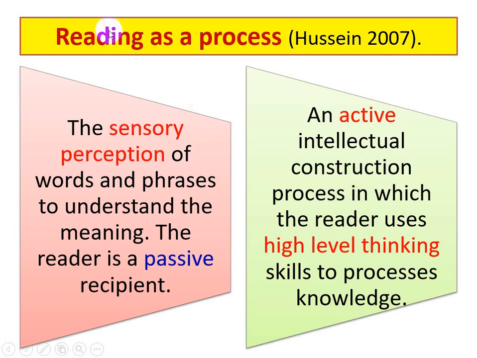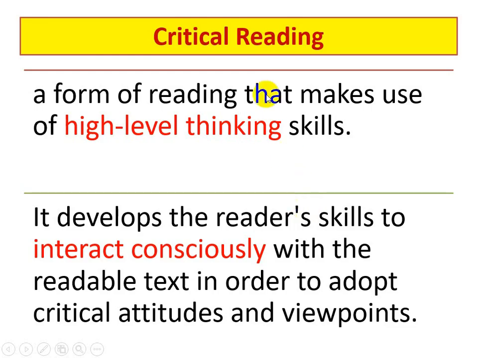So any reading process includes two parts: a passive part and an active part. Then critical reading is a form of reading that makes use of high-level thinking skills. So critical reading concentrates on the active part of the reading process, which is the high-level thinking skills.